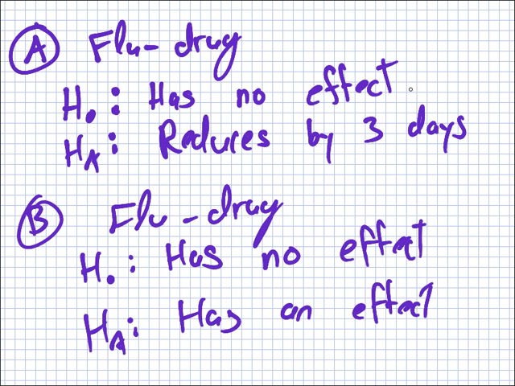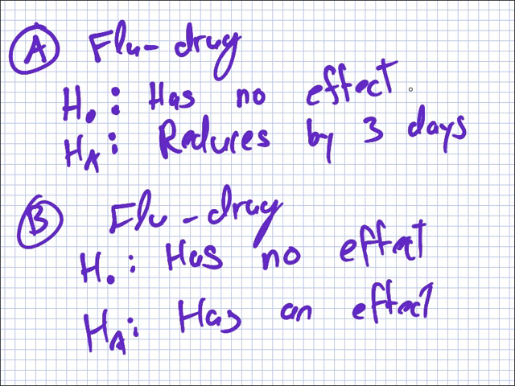How is the alternative different? So B has an effect. For A, it just reduces. So what's not being considered in A? A doesn't consider the effect of the drug on the alternative hypothesis.